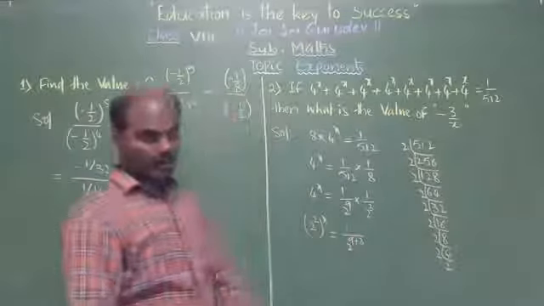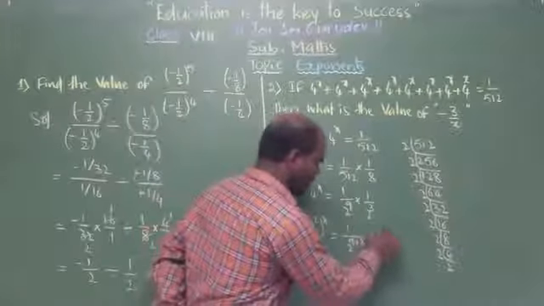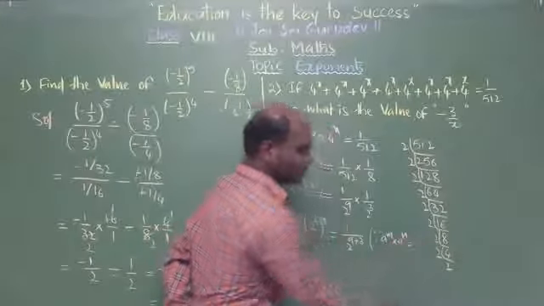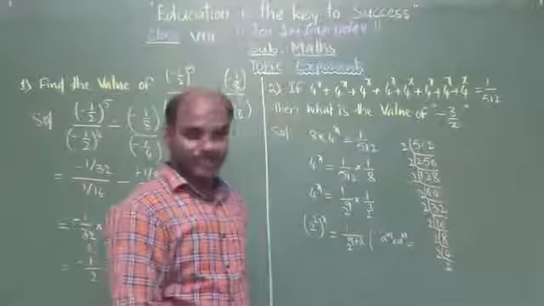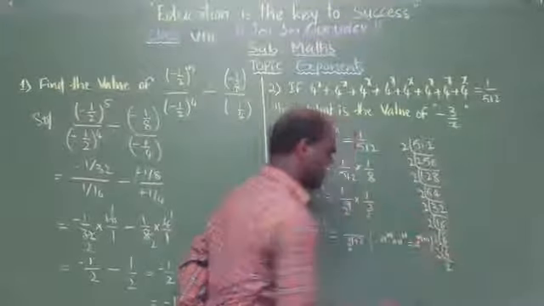Okay, let's understand now. What is the formula, children? That is a power m into a power n is equals to a power m plus n. Based on that we are writing like this.